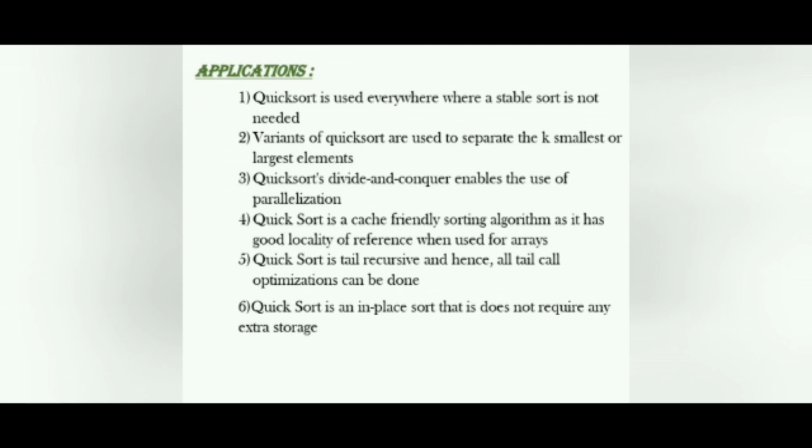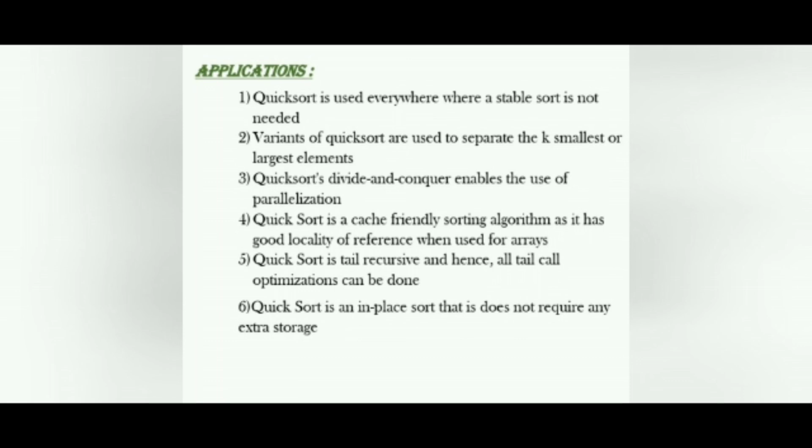Finally, the applications of quicksort. Quicksort is used everywhere where a stable sort is not needed. Variants of quicksort are used to find the kth smallest or largest elements. Quicksort's divide and conquer enables the usage of parallelization.